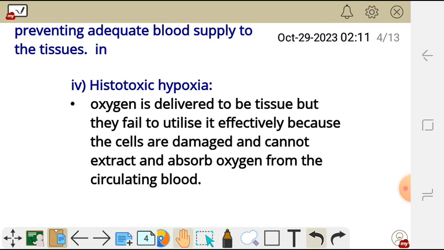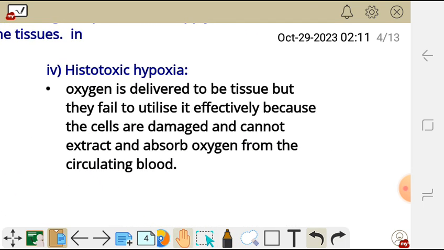So the last one here we have histotoxic hypoxia. Here we're talking about oxygen being delivered to the tissues, but they fail to utilize it effectively because the cells are damaged and cannot extract and absorb oxygen from the circulating blood.